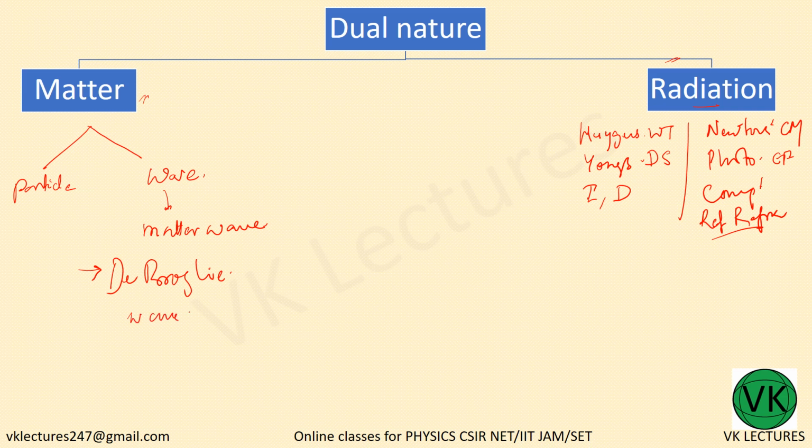That means if a particle with mass m is moving at velocity v, then the wave associated with this matter has a wavelength equal to h by p, where h is Planck's constant, p is the momentum.